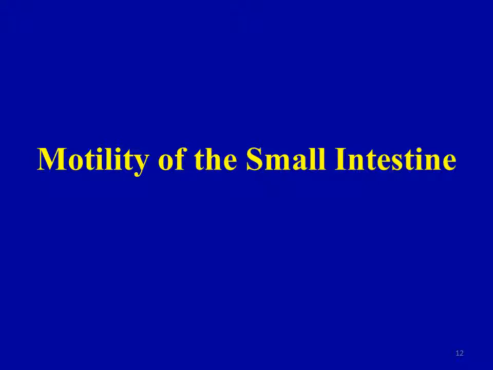Now let's talk about the motility of the small intestine. What are the motility patterns of the small intestine, do they resemble the gastric motility or not, and are they affected by feeding? Do we have special motility patterns during the fed state and other motility patterns during fasting, like the stomach?